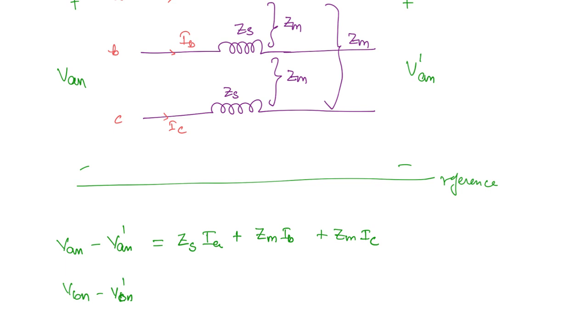VBN minus VBN dash is equal to ZM IA plus self impedance ZS IB plus mutual impedance ZM with current IC.